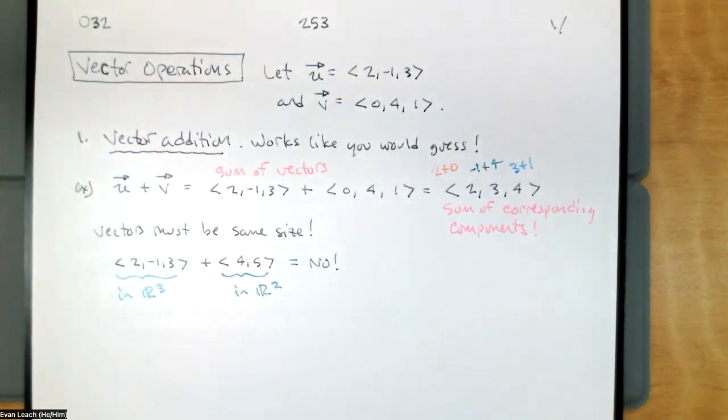It is very important to realize that R2 is not a subset of R3. It's a completely different thing. Elements of R2 are not also elements of R3. They are completely different spaces.